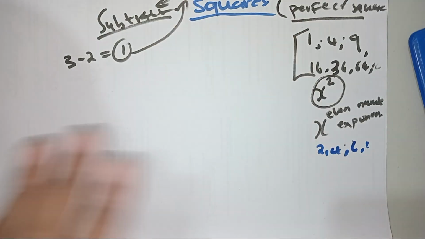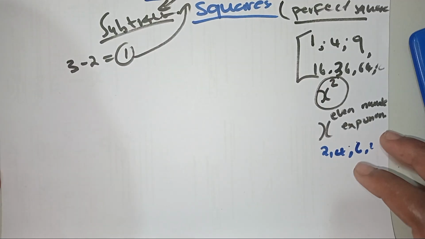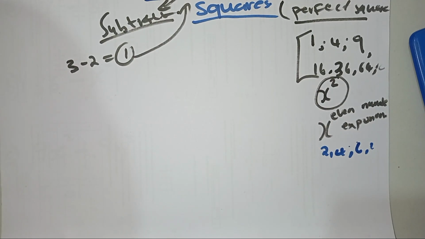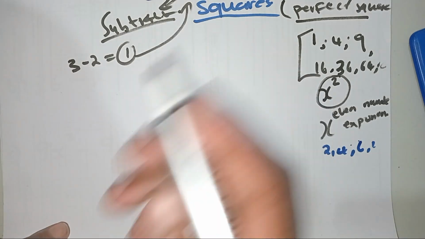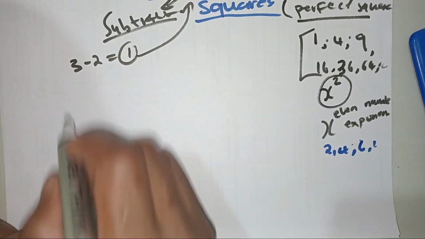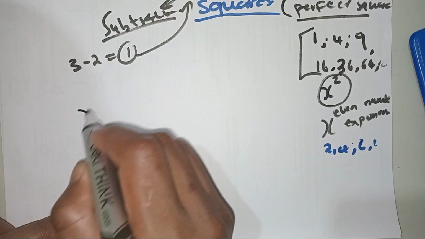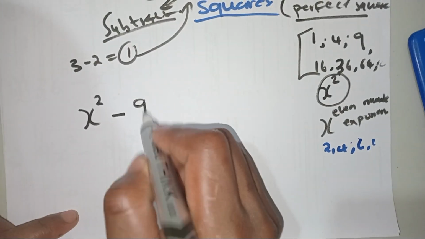So it means that we are going to be factorizing two terms, specifically two terms that are perfect squares. For example, let's take 2 minus 9.